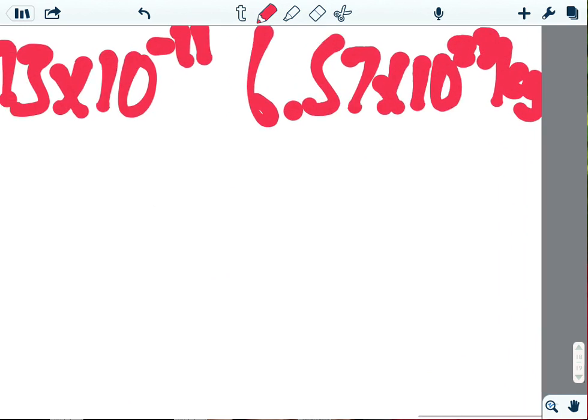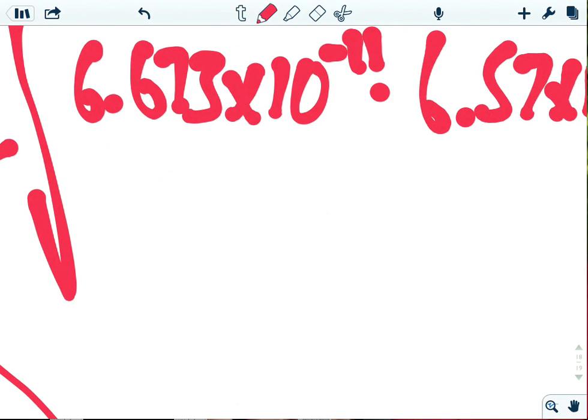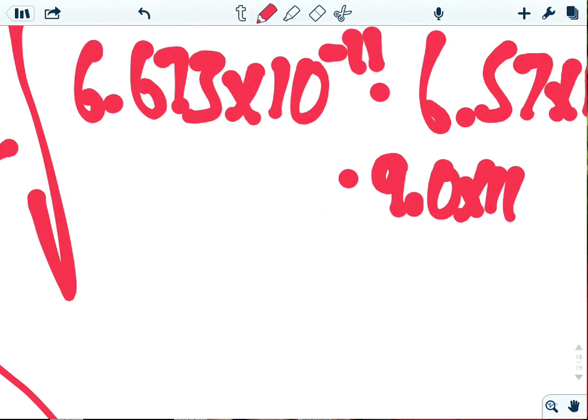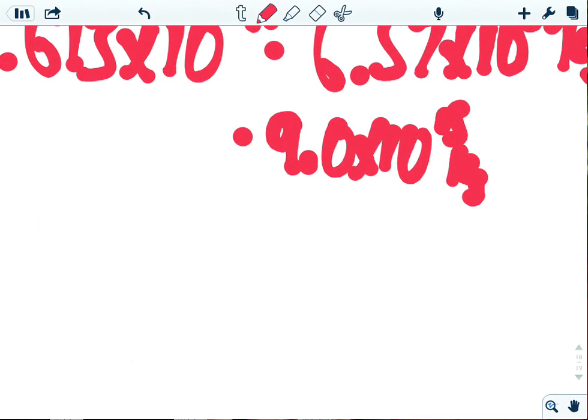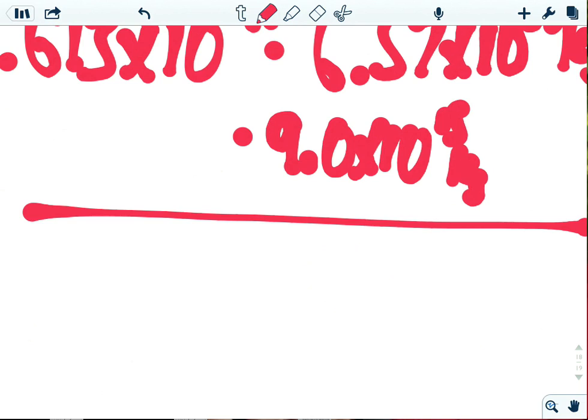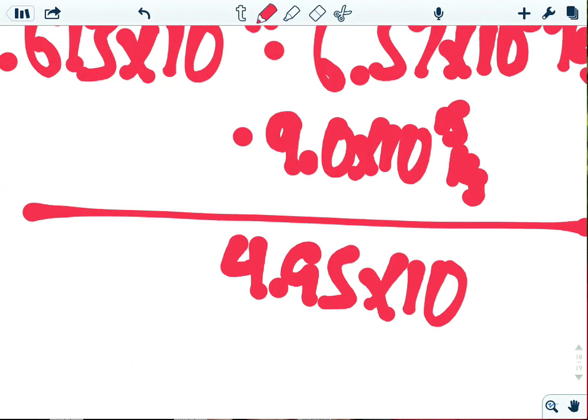We're running out of a little bit of room, but we're multiplying all of these values times our 9.0 times 10 to the 15th kilograms, and all of that is divided by our 4.95 times 10 to the 15th newtons.